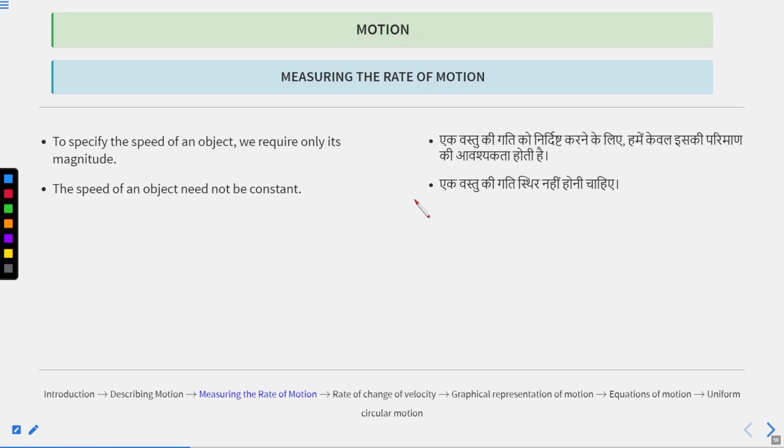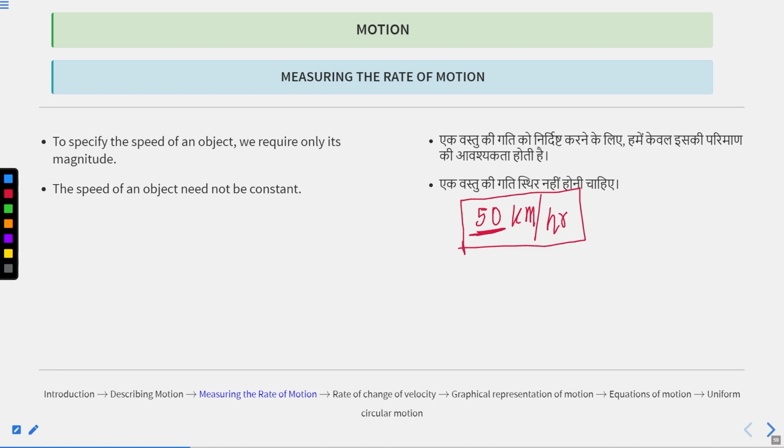Okay. To specify the speed of an object, we require only its magnitude. Like in the example of that truck, the speed limit is 50 kilometer per hour. We haven't indicated direction, okay?